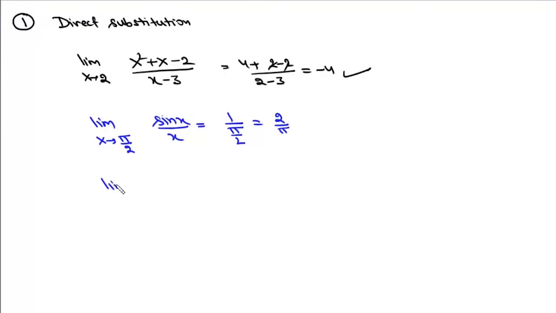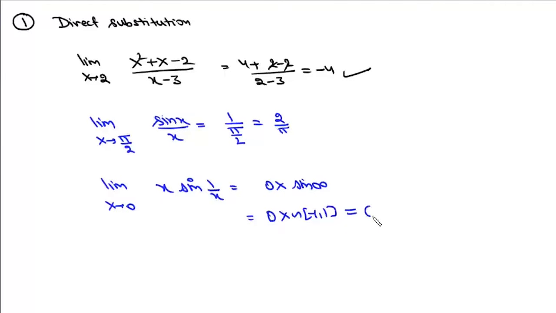Or we can write this limit x tends to 0 x sine 1 by x. Now this is 0 and this is sine infinite. Now sine infinite is an oscillating value between minus 1 and plus 1, and 0 into anything finite is 0. So the value of this limit is 0.